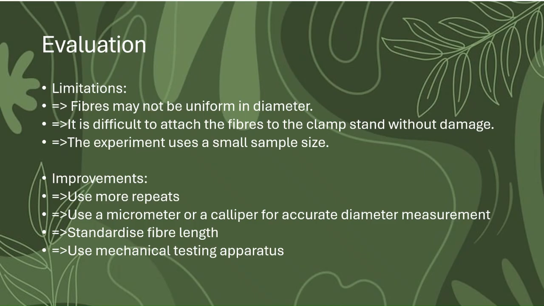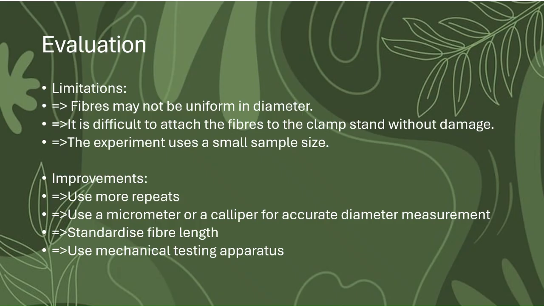Now to look at the improvements you can make to improve the quality of the data you collect from this practical. It is to repeat the experiment, the most obvious way you can improve a practical. You can also use a micrometer or a caliper for accurate diameter measurements. In fact, this is recommended rather than using a microscope.